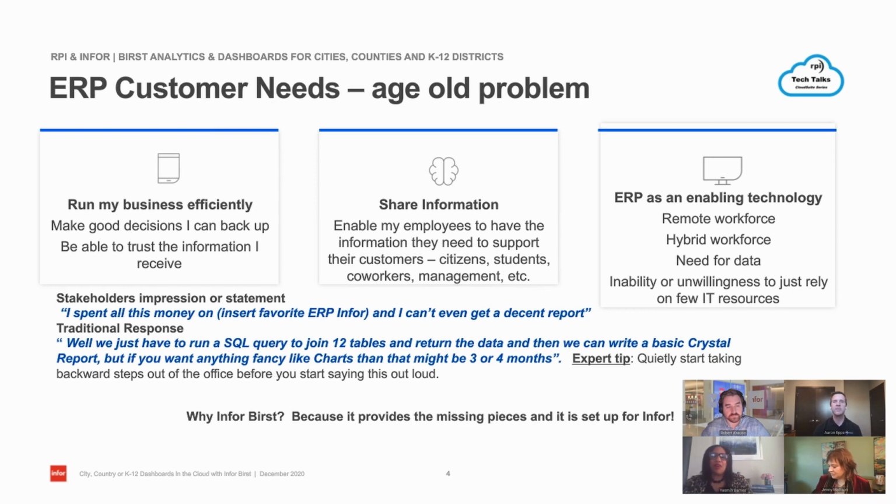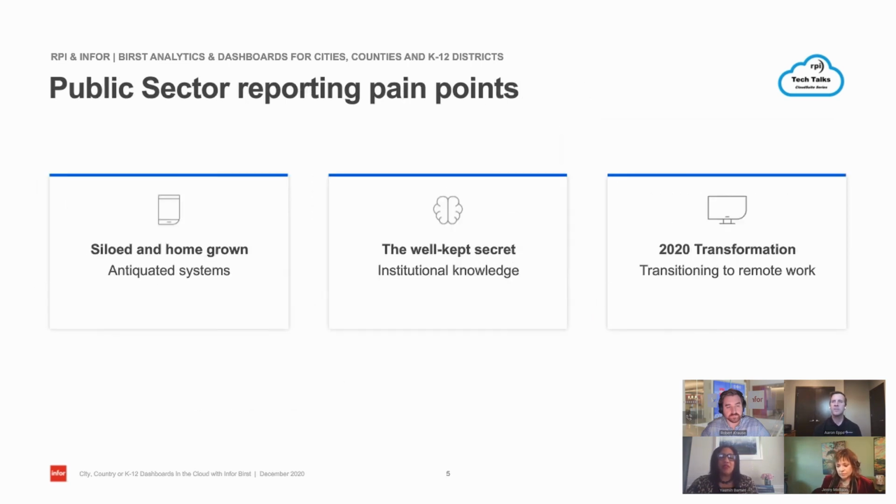So my name is Yasmin Barnes, and I've been with Infor for about 3 years now. But before coming to Infor, I spent 20 years in the public sector. So I truly have in-depth, firsthand knowledge about what public sector clients face when it deals with reporting, having real-time data, and the lack thereof.